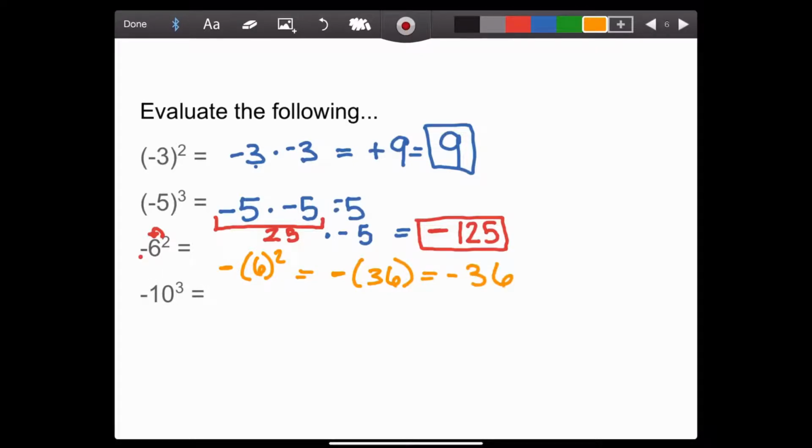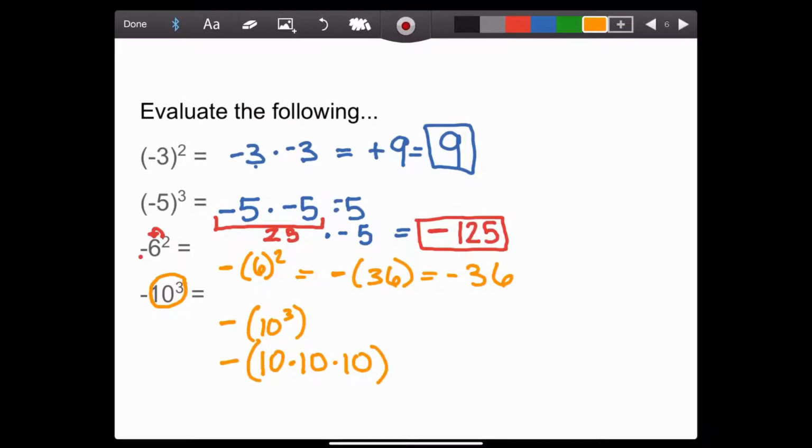All right, same thing here. You're just cubing this part here, okay? So you have the negative out front, and then you have the 10 cubed. You can put it like that if you want to see it that way too. Okay, so 10 cubed is 10 times 10 times 10. And then times the negative.